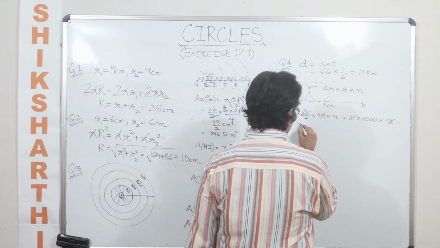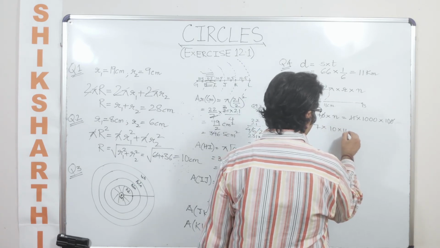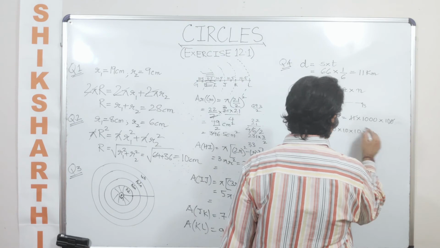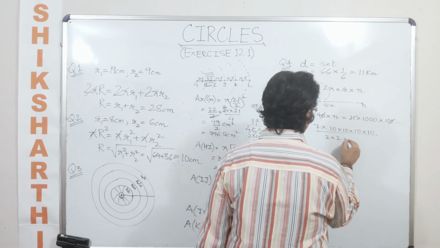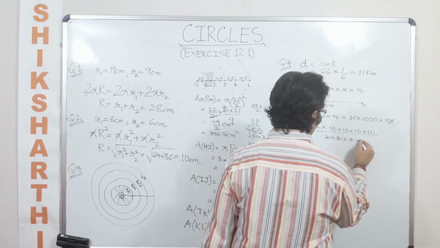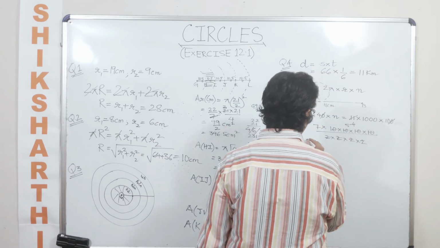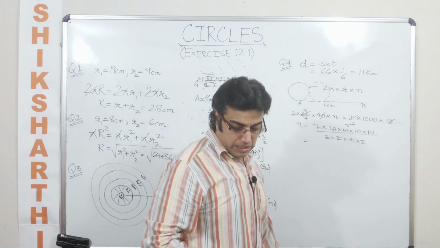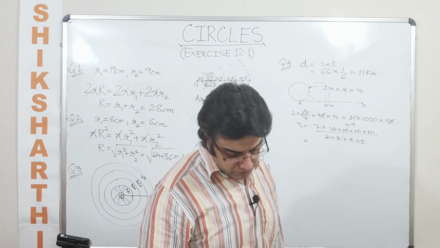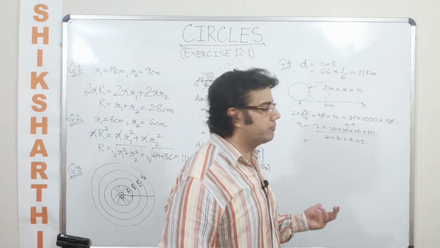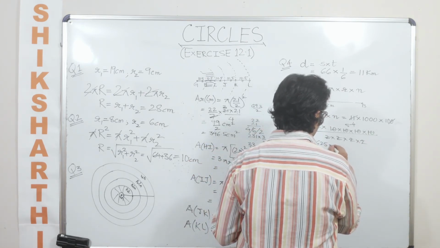So this is just like saying n is equal to 7 into 10 into 10 into 10 into 10 divided by how much? 2 into 2 into 2 into 2. So now this is 5 to the power 4. So these are the number of complete revolutions that it should have taken. How much is 5 to the power 4? 625. So can I say this is 625 into 7?